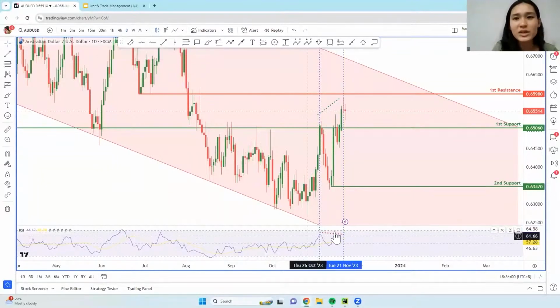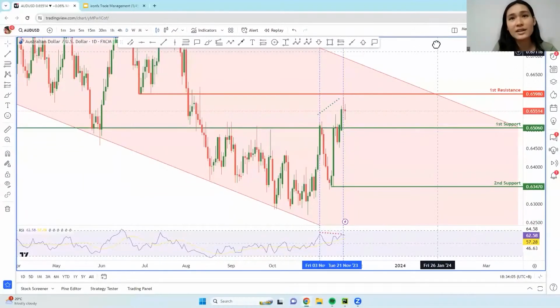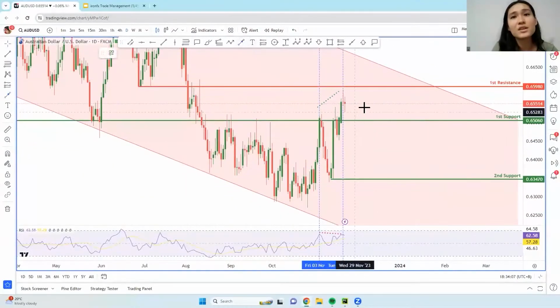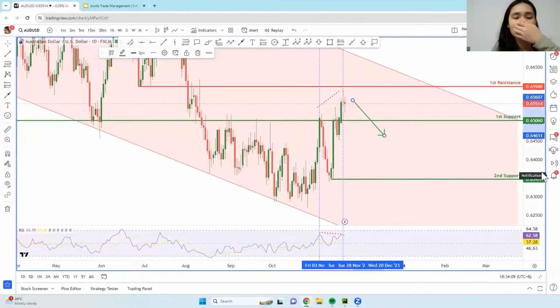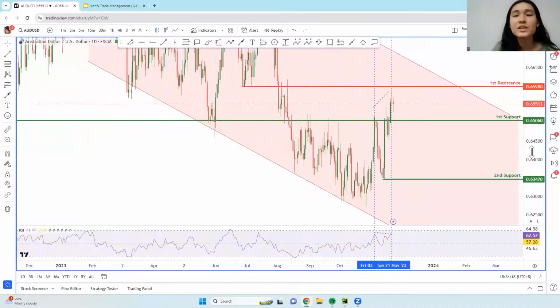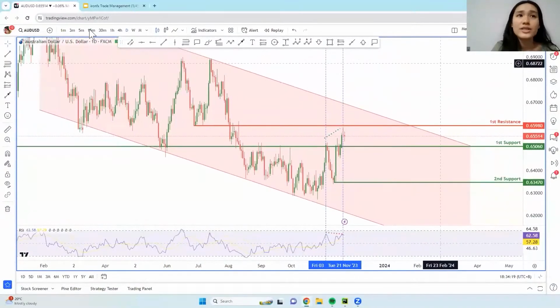So this is basically what it means. You can see it's making a lower high, whereas here it's making a higher high. So this is basically a sign, I guess, that price is likely to drop from here, and we can kind of see it already dropping. Okay, that's all for daily time frame.